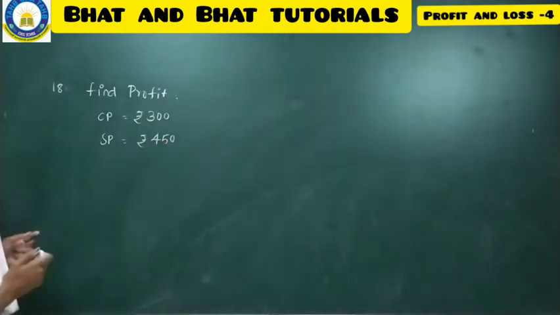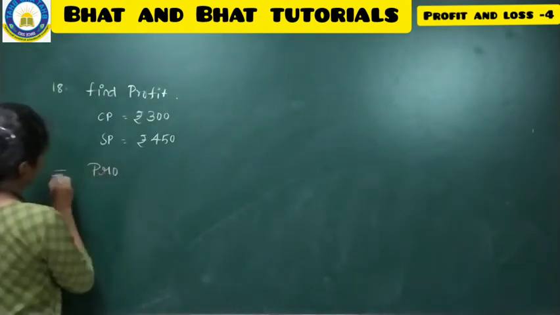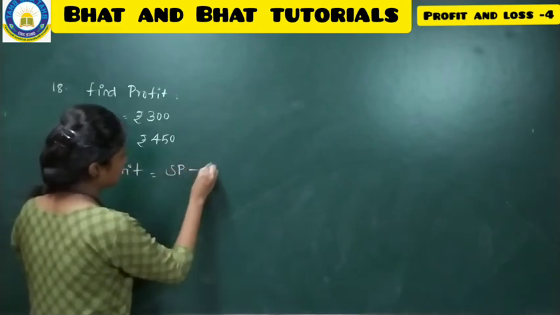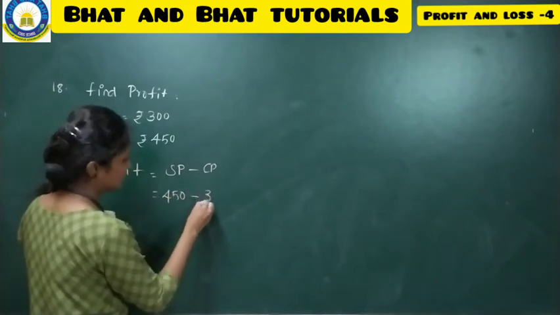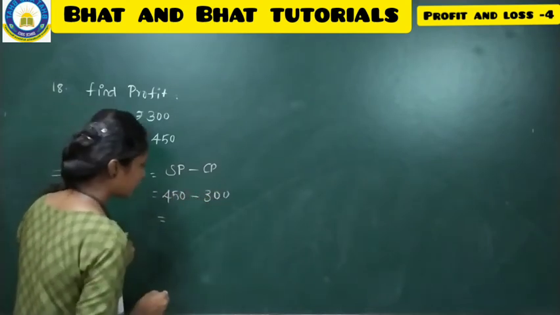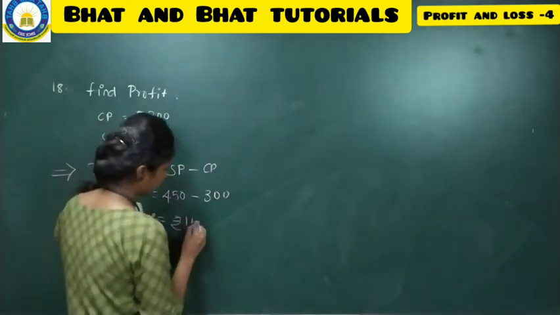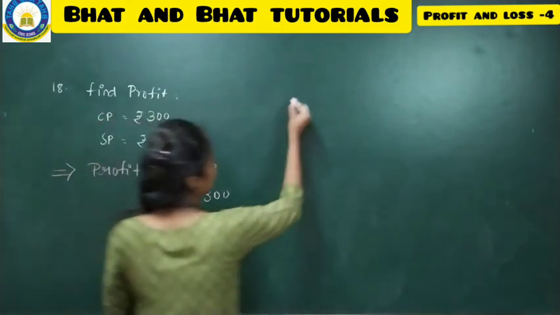We all know the formula. Profit is equal to SP minus CP. SP is 450, CP is 300, and when you deduct 450 minus 300, you will get rupees 150 as your answer. So I'll do the 19th one also.